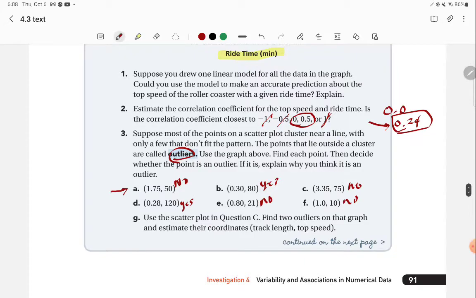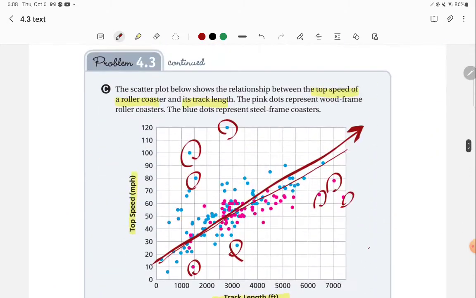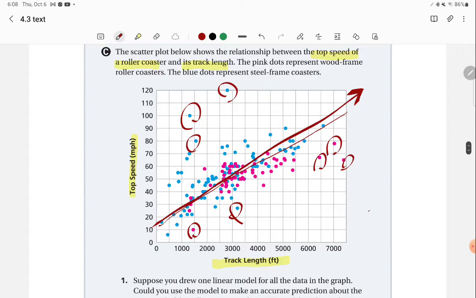Then G, use the scatter plots in question C to find two outliers on that graph and estimate their coordinates. So we're coming back up to here, right? So the two outliers I would choose are this one and this one. And this one has coordinates of, let's say, 2,700. And the y is 120.